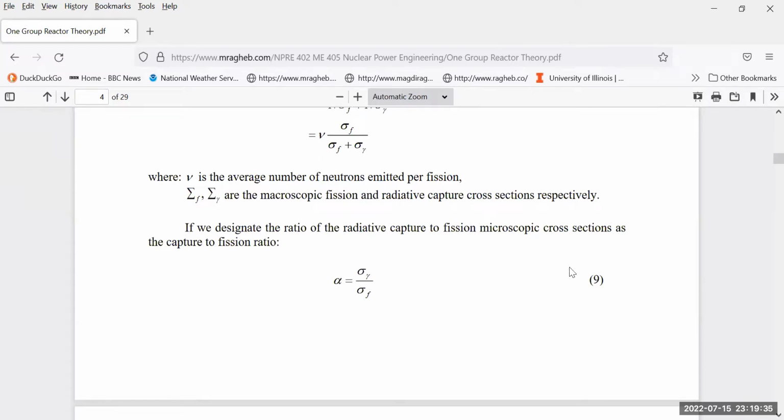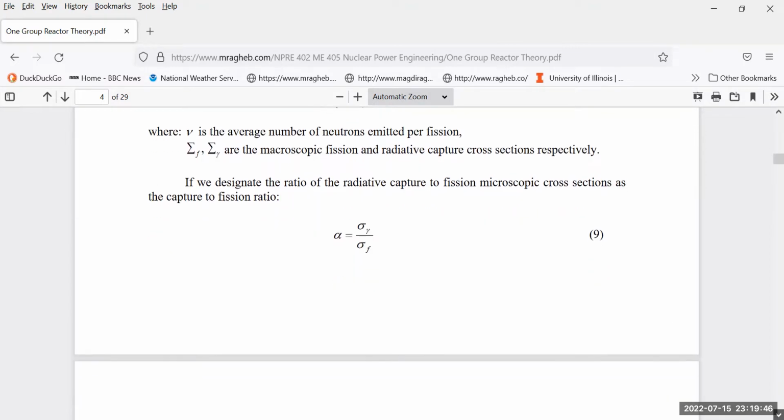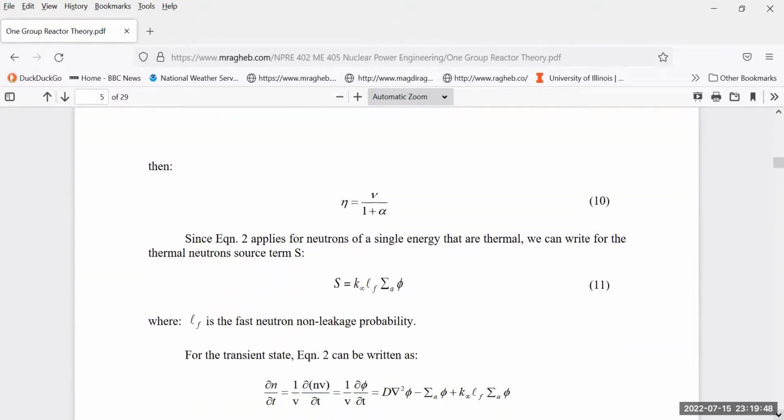Now, usually it's easier to consider the ratio of the radiative captures to the fissions. We designate that factor by alpha, and we can rewrite the form for the regeneration factor as nu, the average number produced per fission event, divided by 1 plus alpha.